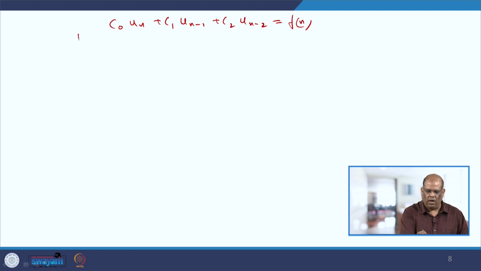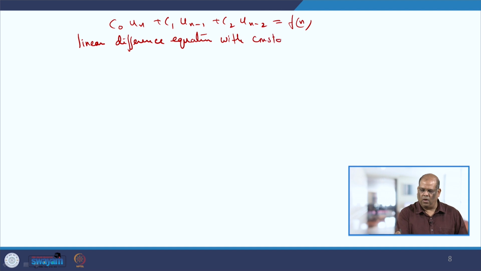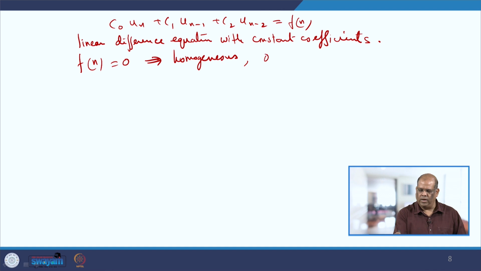So, this is called a linear difference equation with constant coefficients. If F_n equal to 0, we say that the equation is homogeneous, otherwise non-homogeneous.